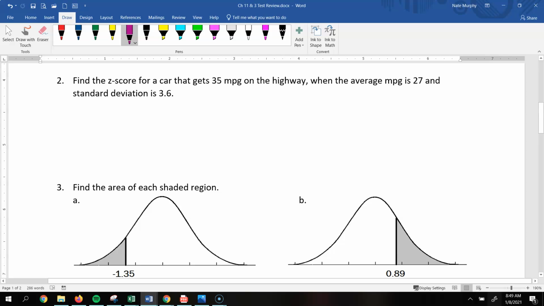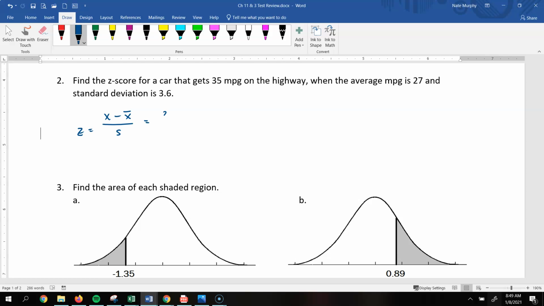All right, number 2 is a review of a z-score. Remember, your formula for a z-score is this, where we take x minus x bar and divide by the standard deviation. They give us all that information here. We're trying to find the z-score for a car that gets 35 miles per gallon on the highway when the average miles per gallon is 27 and the standard deviation is 3.6.